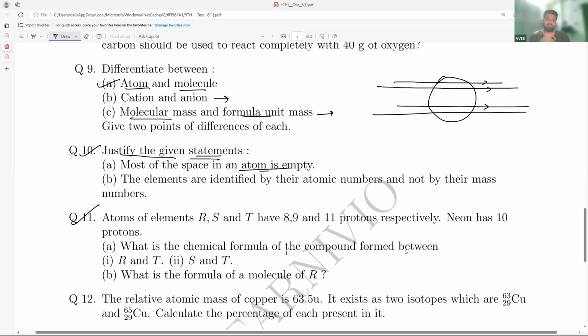This is a very important question, so we need to discuss it. The elements are identified by their atomic number, not by atomic mass. What is the reason behind this?